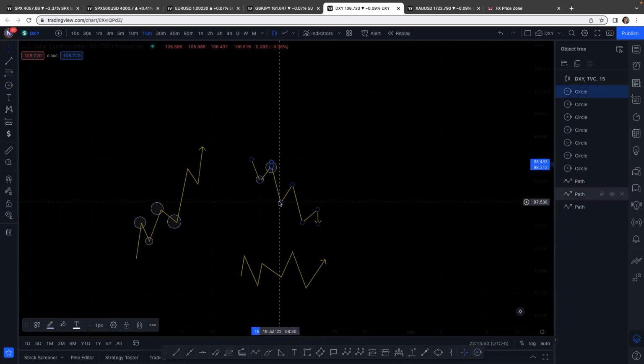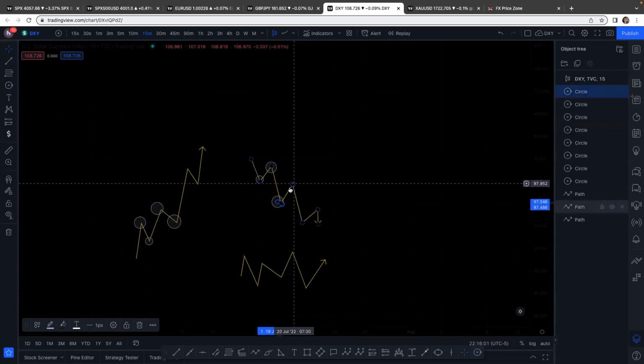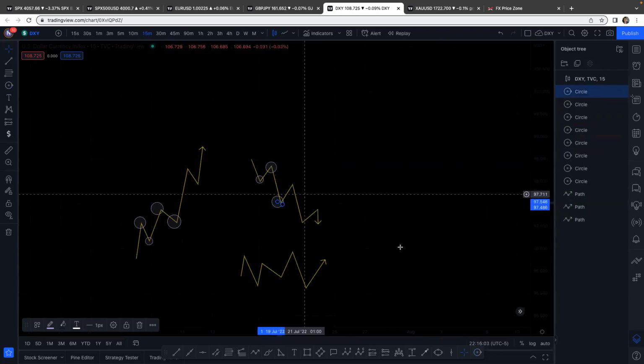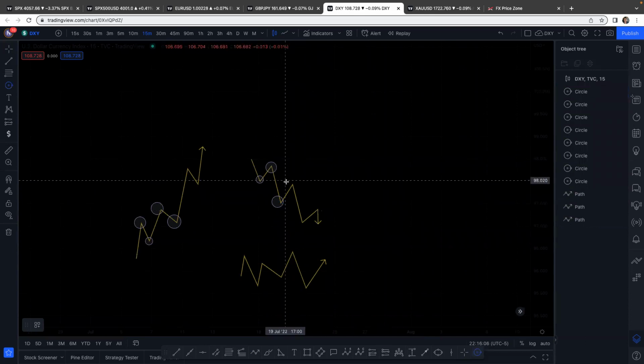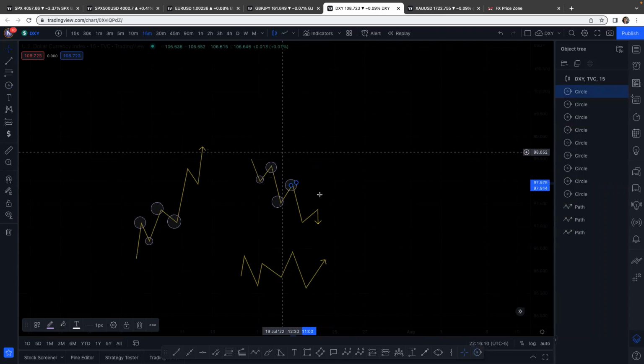And this is a lower low because it's lower than this particular low. And then this is a lower high right here because it's lower than this particular high. And then the cycle just continues, again, a downtrend.